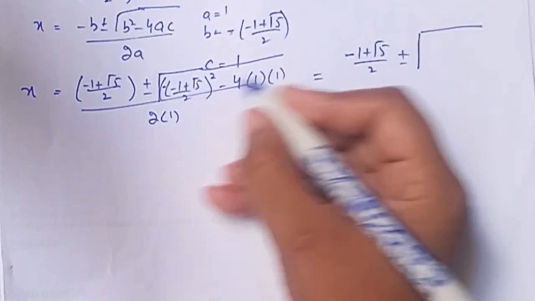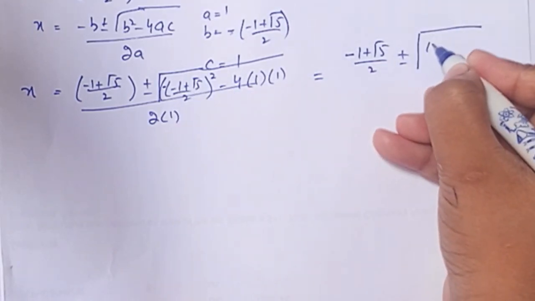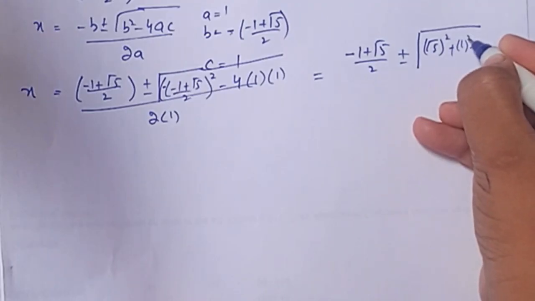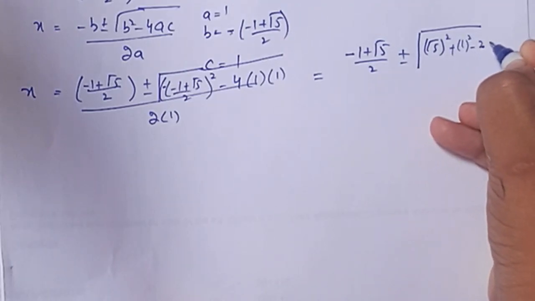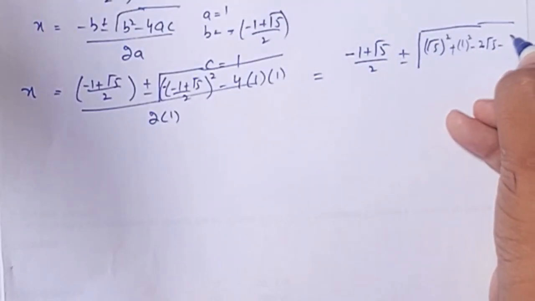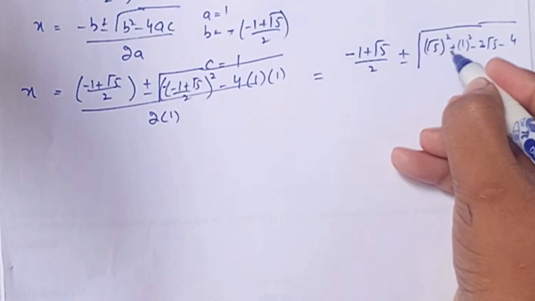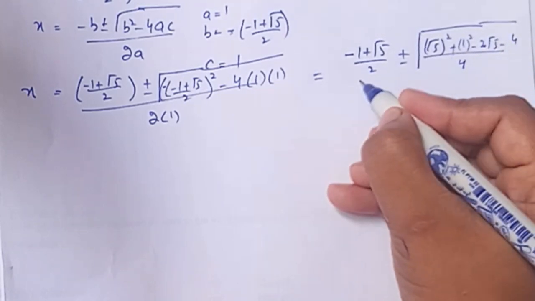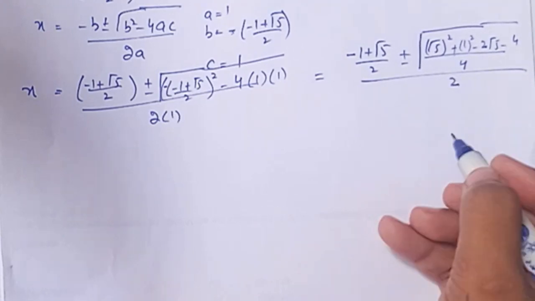So this is minus 5 square plus 1 square minus 2 times square root 5, and this is minus 4 over 4, and this is a 2.